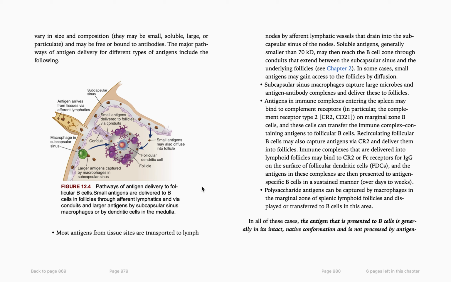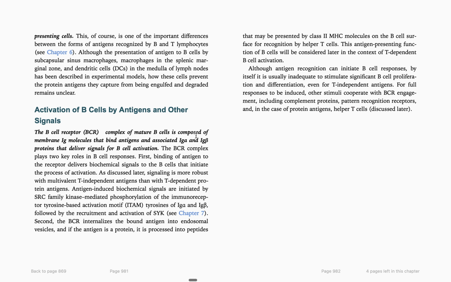In all these cases that we have described above, the antigen that is presented to B cells generally is in its intact, as we have said already, native conformation, and is not processed by antigen presenting cells. This, of course, is one of the important differences between the forms of antigen recognized by B and T lymphocytes.